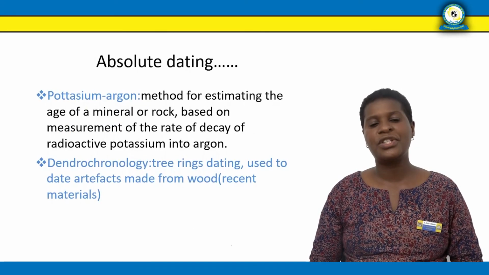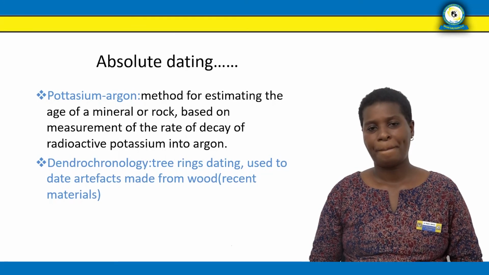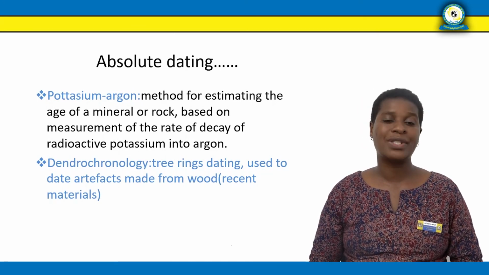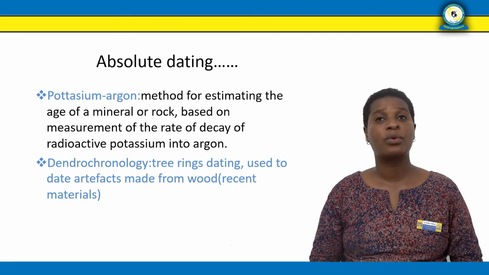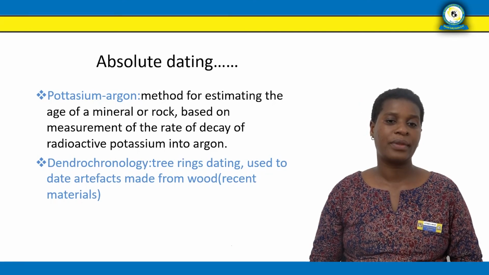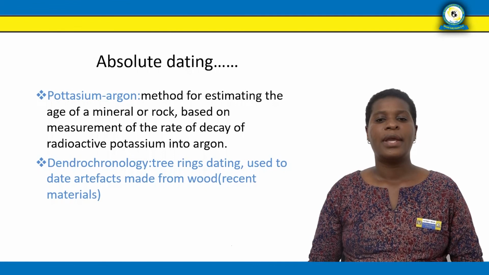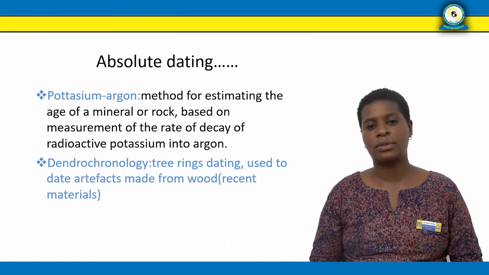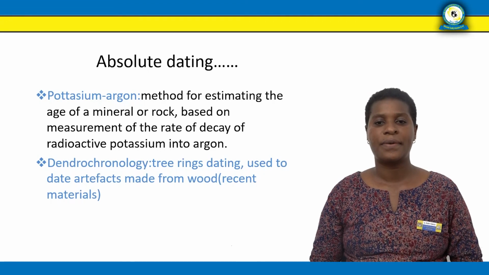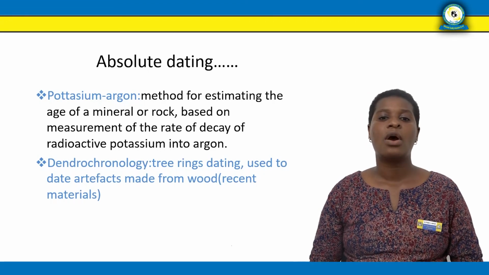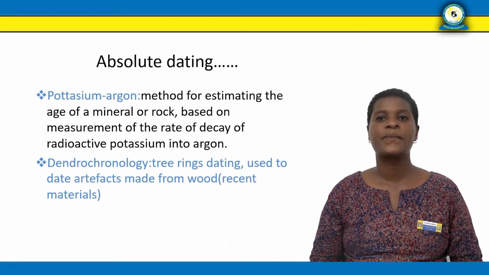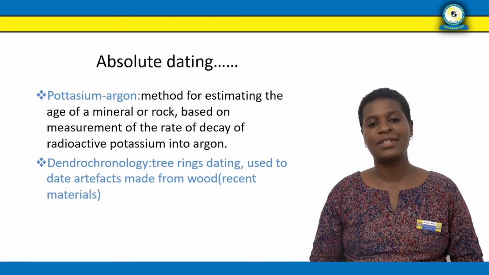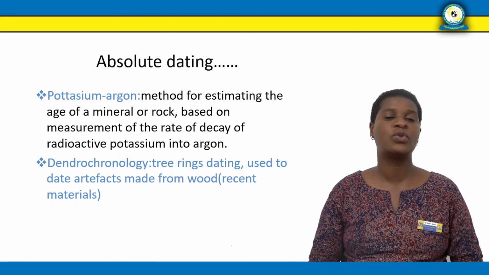Another type is potassium-argon dating. This is another form of chronometric or absolute dating. This method is used for estimating the age of minerals or rock based on measurement of the rate of decay of radioactive potassium into argon.